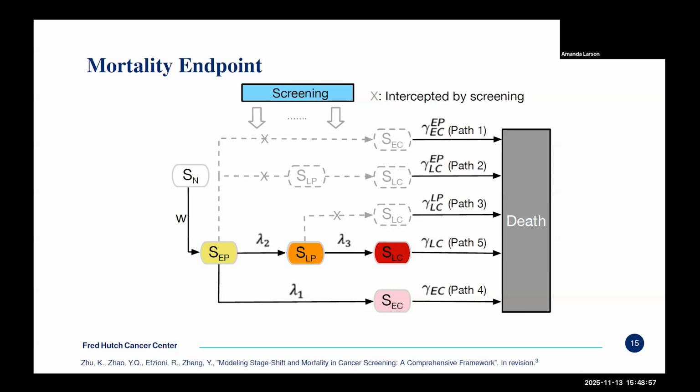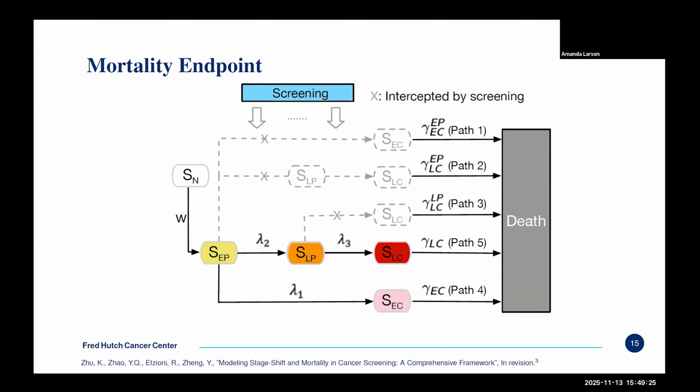So it's not from the time of detection; we need to consider these potential outcomes, like what would have been if there were no detection, from the original time of diagnosis. So we laid out these 5 paths and again model the impact on death.